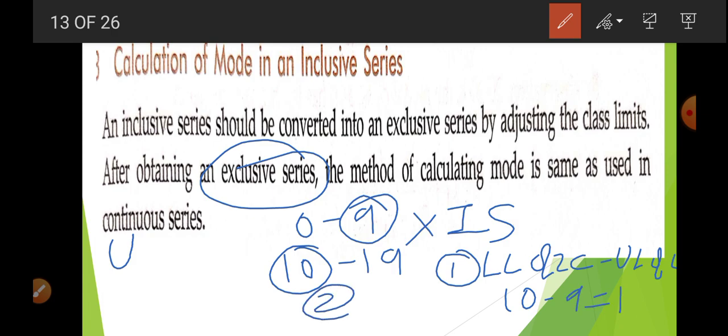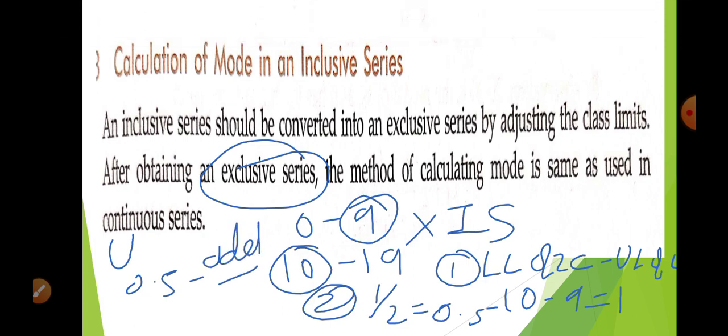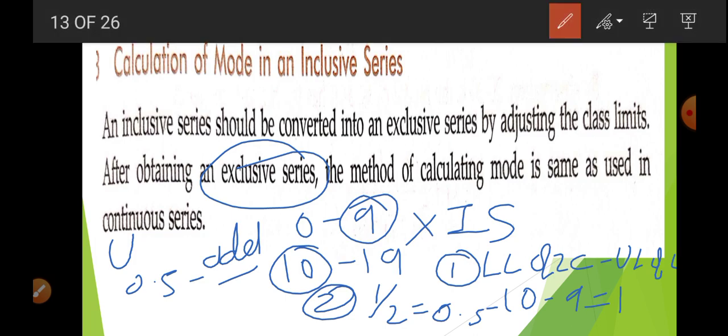Now the second step, you have to divide it: 1 divided by 2 gives 0.5. Now this 0.5 is added for getting the upper limit.